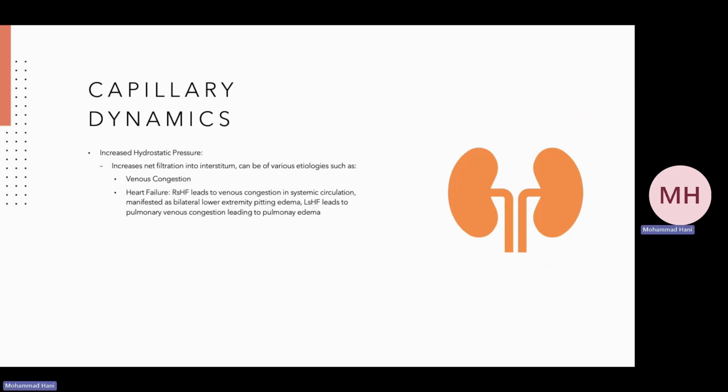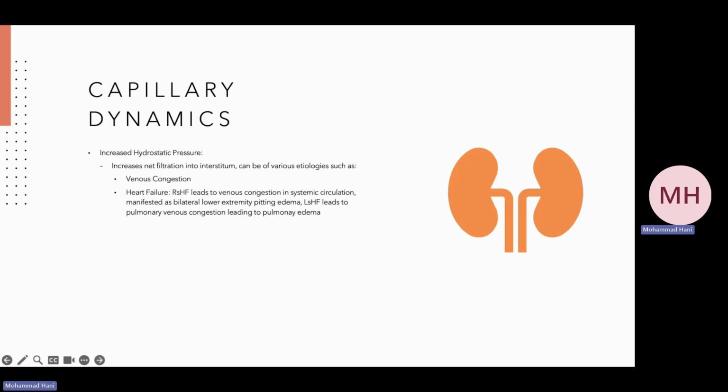You also have heart failure. Heart failure is very important because depending on whether it's right-sided or left-sided, heart failure is always accompanied by congestion in the previous circulation. If you have left-sided heart failure, the circulation before the left side, which is the pulmonary circulation, would be congested, and in right-sided heart failure, you would see the systemic venous circulation being congested, giving rise to edemas.